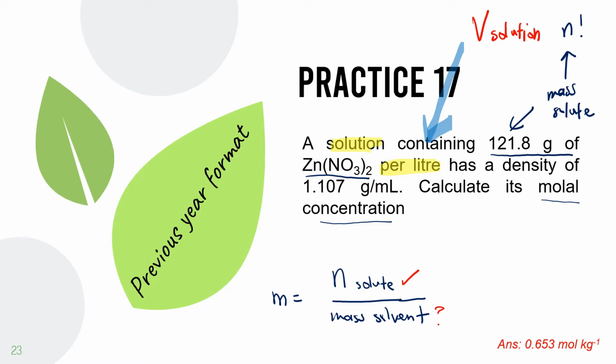Now, in order to find the molality of the solution, we need to have the mass of solvent. But now, we have V of solution. But the question also gives you something else, that is density. So what can we do with the density and how can we manipulate it with the V of solution to find the mass of solvent? Let's do this together.